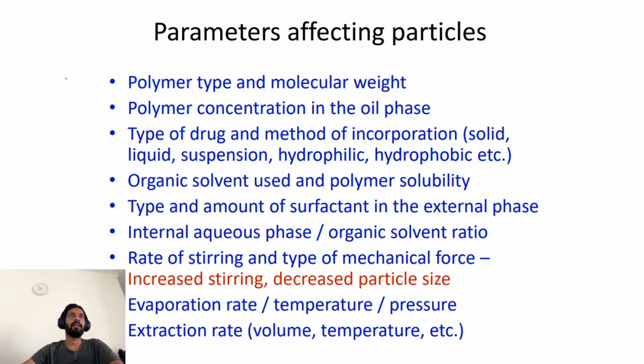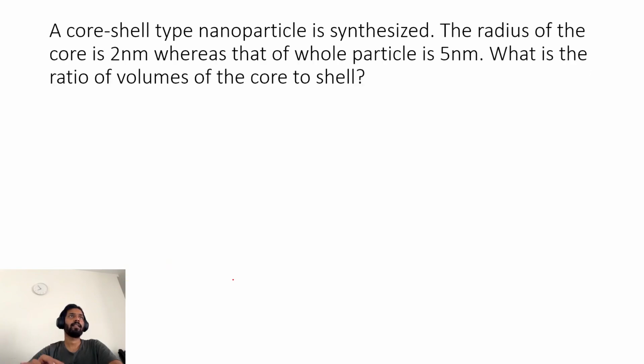These are the parameters that affect particle size as well as particle formation during single or double emulsion methods: polymer type and molecular weight, concentration in the oil phase, type of drug, method of incorporation, organic solvent used and polymer solubility, type and amount of surfactant in the external phase, internal aqueous phase to organic solvent ratio, rate of stirring and type of mechanical force, evaporation rate, temperature, pressure, extraction rate. So all of these play a very big role in microparticle synthesis using emulsion-based methods. So yeah, none of the above.